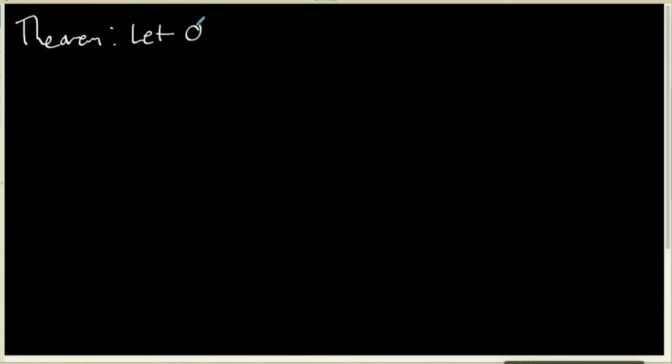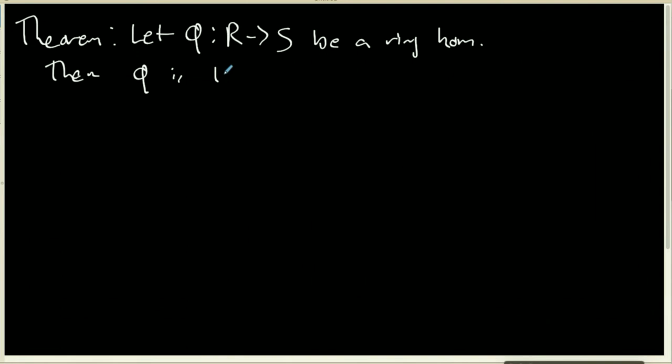If phi is a ring homomorphism, then phi is going to be 1 to 1 if and only if the kernel of phi is just the zero element inside of the ring R. And we just finished proving this.